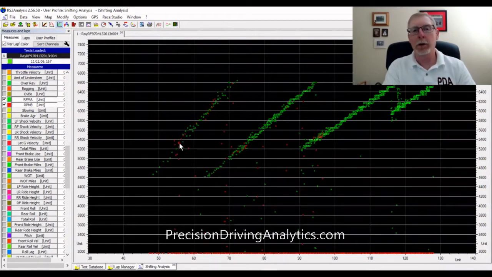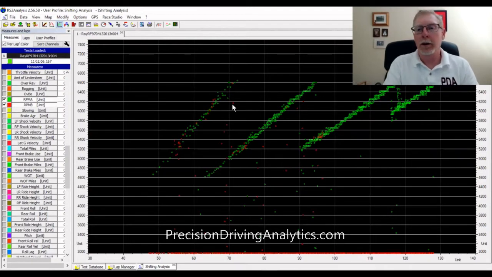So you can see we got a little bit of overlap in first gear, but virtually none in second and virtually none in third. So this driver is really waiting to get his downshifts done. And in fact, since this is an H pattern, I believe this driver actually waited until the very end and skipped gears and went just right to the gear that he needed for that corner.